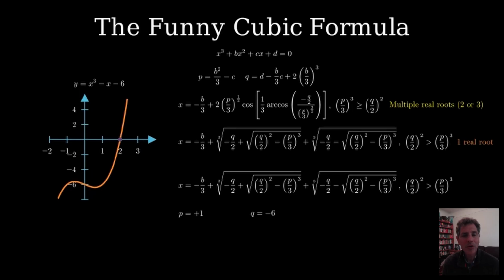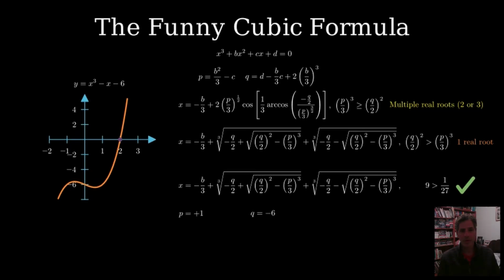But let's go ahead and check to see if that's true, just to make sure we're using the right formula. When we substitute q equals -6 and p equals 1 into the inequality, we find that q over 2 squared is equal to 9. But p over 3 cubed is only equal to 1 over 27. So 9 is greater than 1 over 27, so this inequality checks out. We should be using this cubic formula.